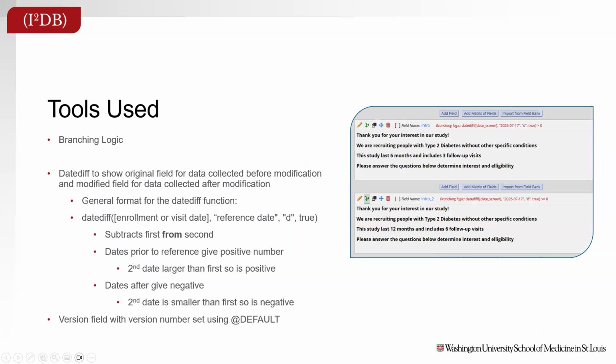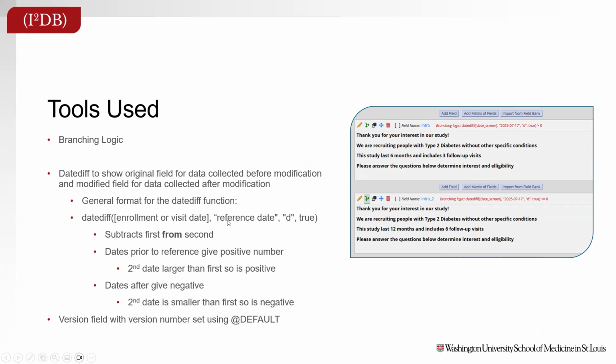And then the final thing we'll do is use branching logic to hide specific fields. So here you can use date difference and set it to greater than or less than 0. So if you have some date in your project, such as an enrollment or visit date, and then there's some reference date when a modification was made, you can set up a date difference.